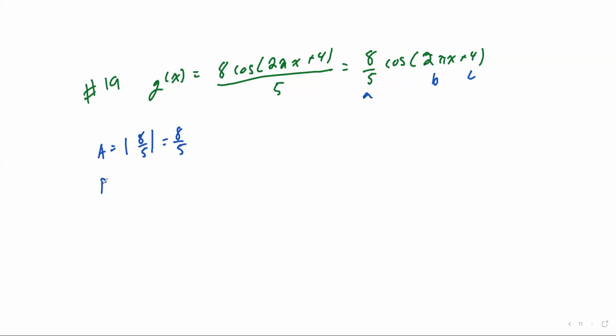My period would be 2 pi divided by 2 pi, which in this case is 1. My phase shift would be 4 divided by 2 pi, which we can simplify to 2 over pi. And again, because it's positive, it will shift left.